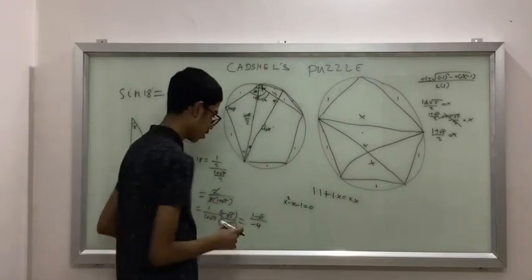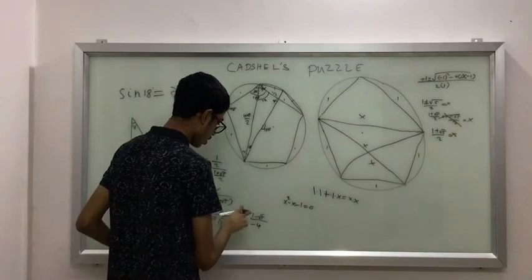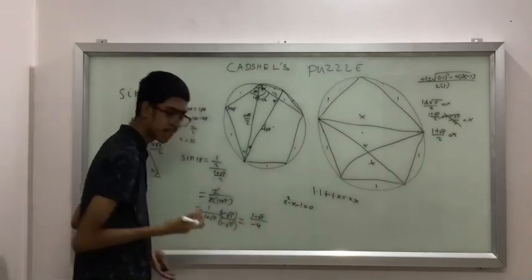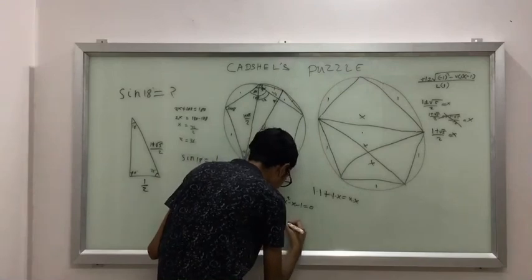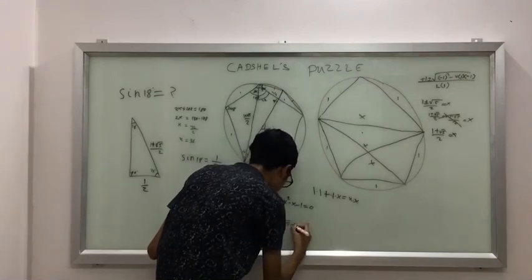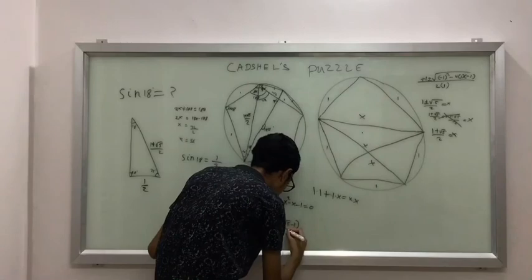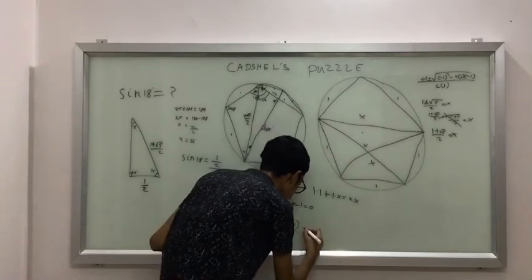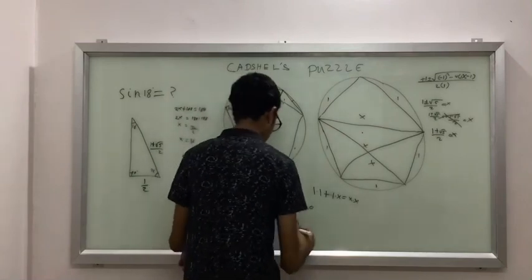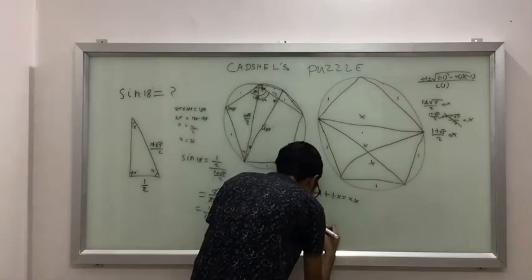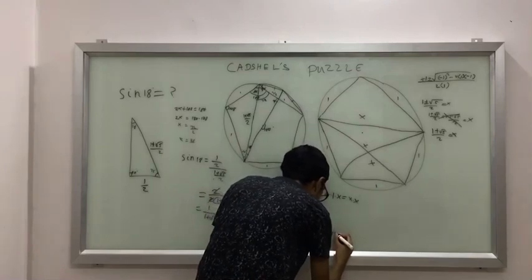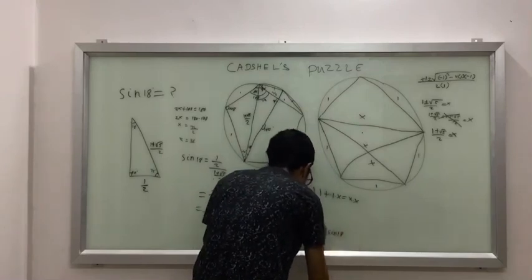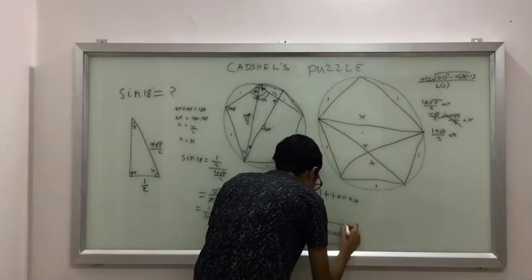Here it's negative, but we don't like negative. So I'll write minus, square root of 5 minus 1, by minus 4. The two minus signs become plus, which gives square root of 5 minus 1 by 4, which is equal to sine 18. That is our answer.